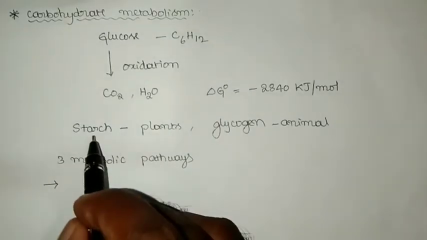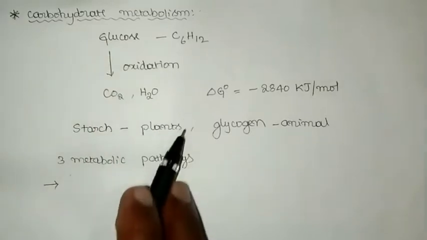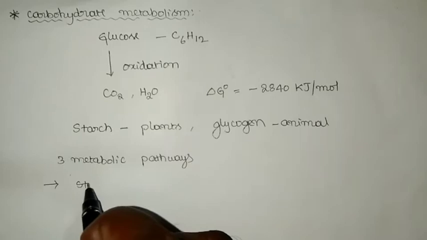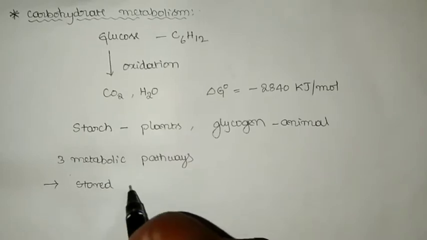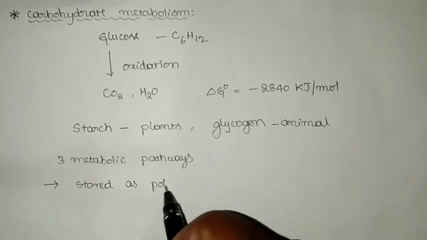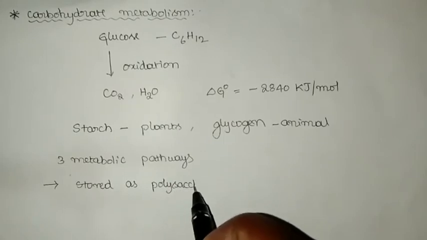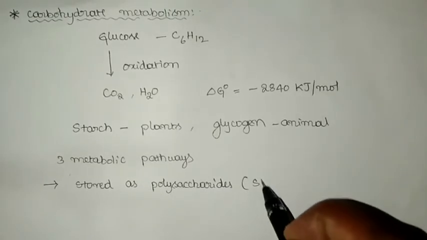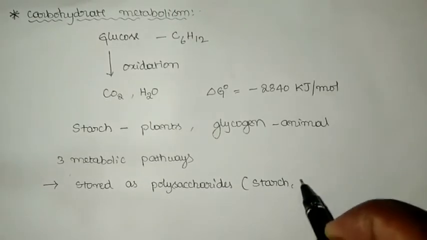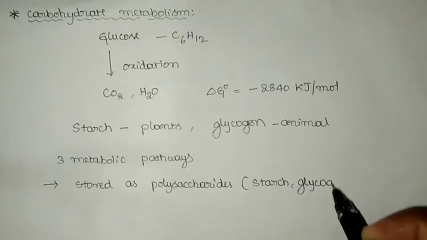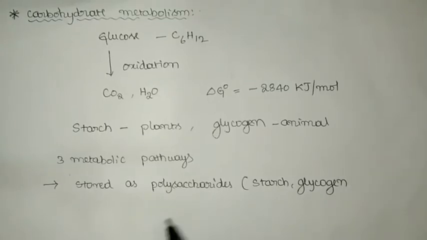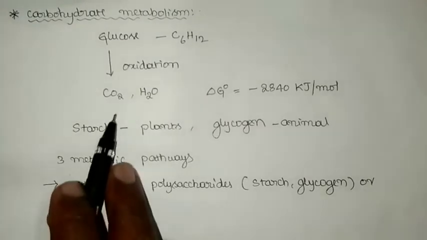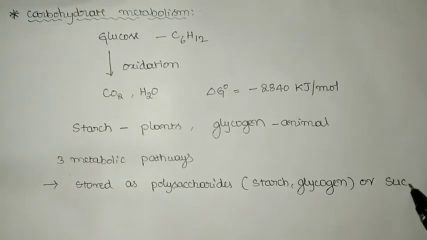Number 1, glucose will be stored in the form of polysaccharides. When we say polysaccharide, the materials that come to our mind are starch and glycogen itself, or in some cases cellulose also, or even in some cases the glucose molecule may change to produce sucrose.